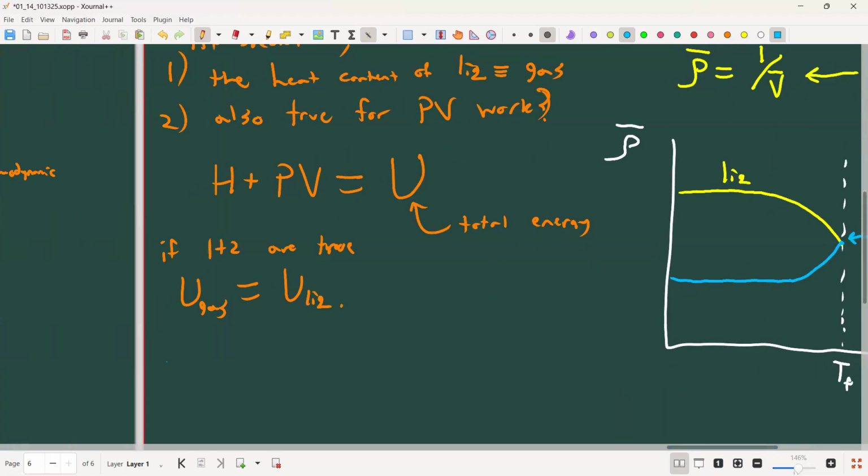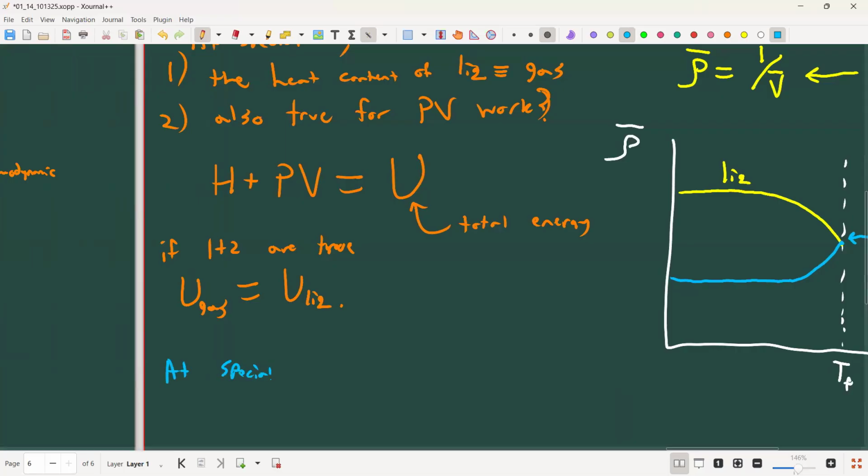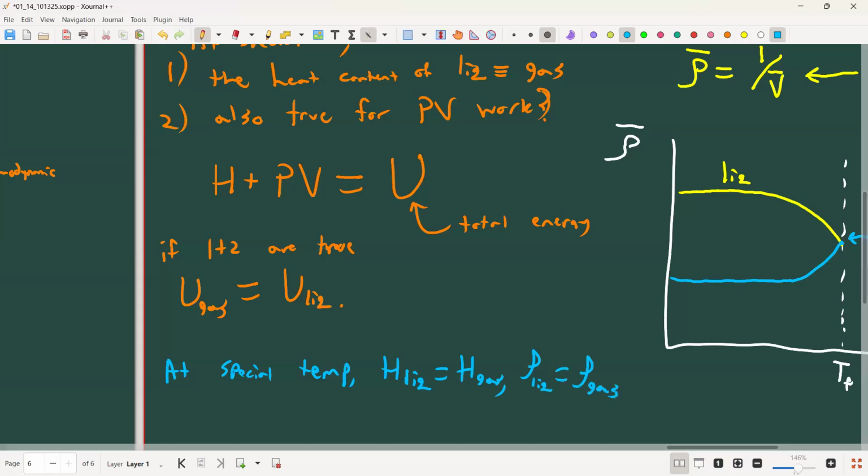So what do we have at this special temperature? These are both true. We have H liquid is equal to H gas. And we have the density of the liquid is equal to the density of the gas.